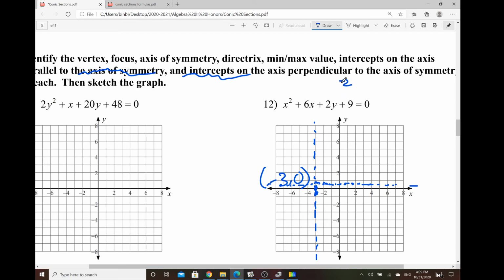So we're left with 2y plus 9 equals 0. So 2y equals negative 9. That means y equals negative 9 over 2, or y equals negative 4.5. So negative 4.5, which is right here. We do know that it's symmetrical, so the other point is supposed to be 3 units to the left, and negative 6.